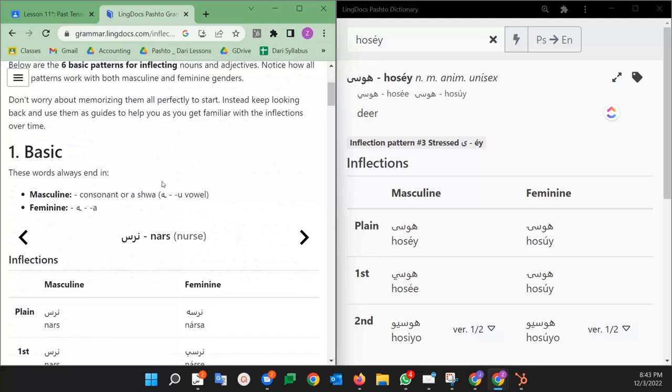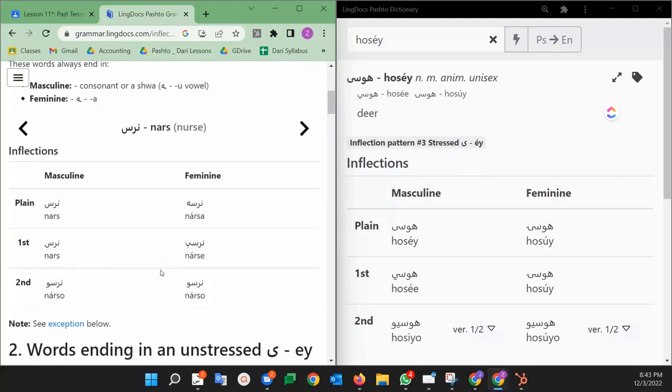But if you have just a basic understanding of, okay, I know in Pashto these words do these things, and there's set patterns to them, then that will help you as you're actually interacting with words, and you see them changing, and you know, okay, there's a reason for them changing, and I can go back and look at the reasons, or I can start to understand the reasons. Okay, let me know if you have any questions. Thanks.